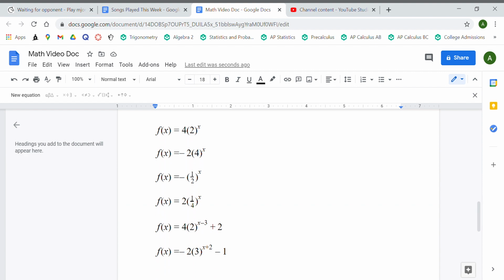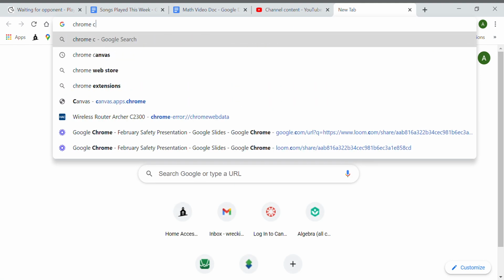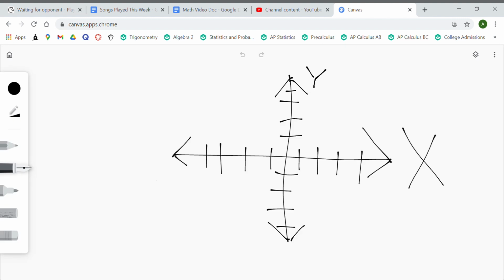So I need to pull this up real quick. And here's my big graph. An exponential function looks a little something like this. It's a bit of a curve, and on one end, it seems to be getting closer and closer to a certain y value, but it just never touches it.